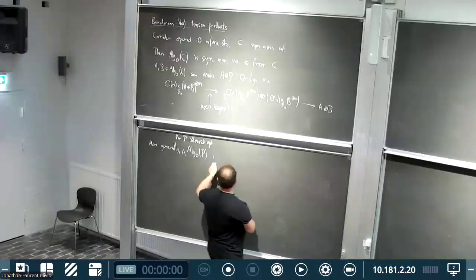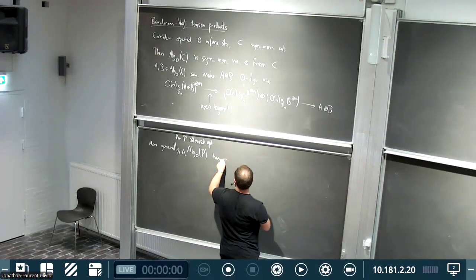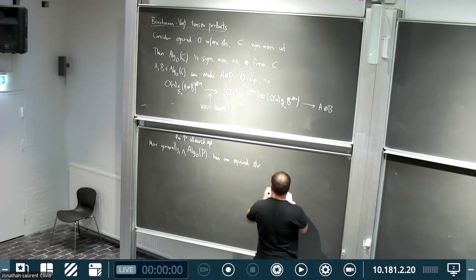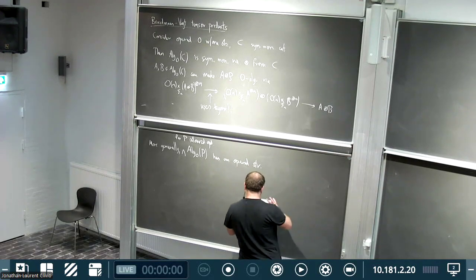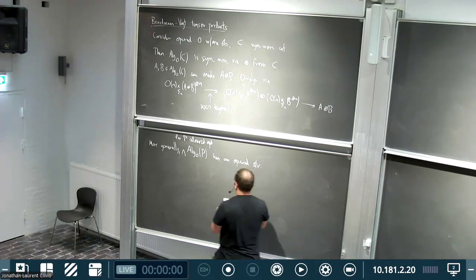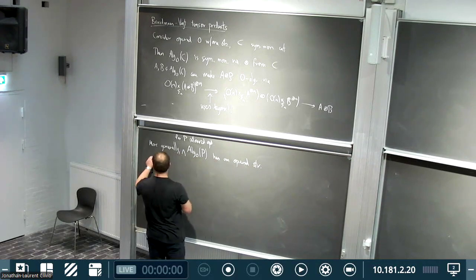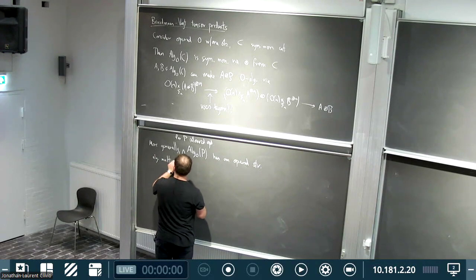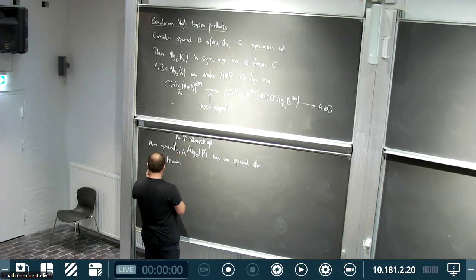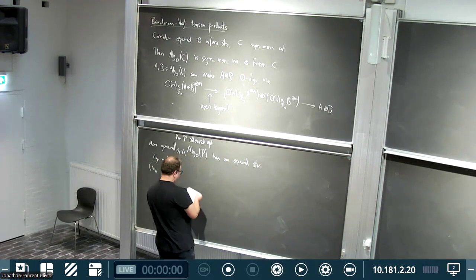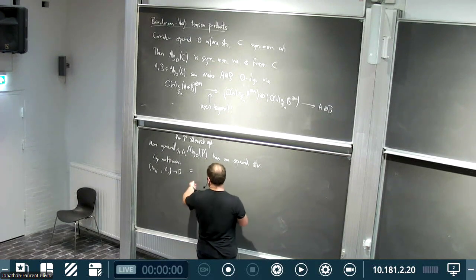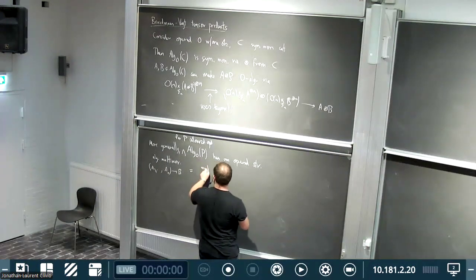This has a colored operad structure, where again, a multimorphism of algebras from A1 to B is given by a multimorphism between the underlying objects in B.